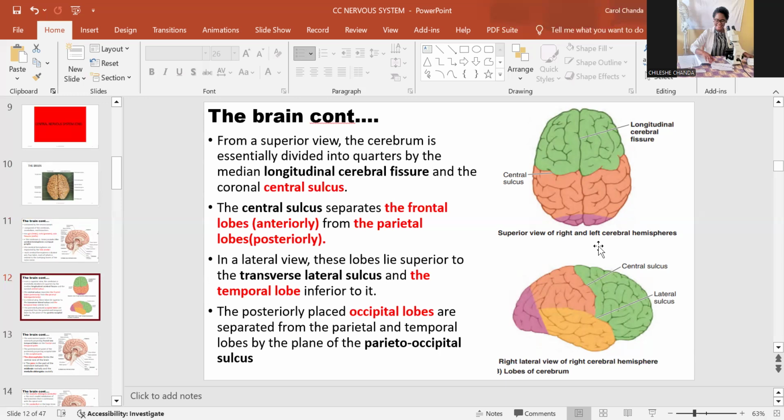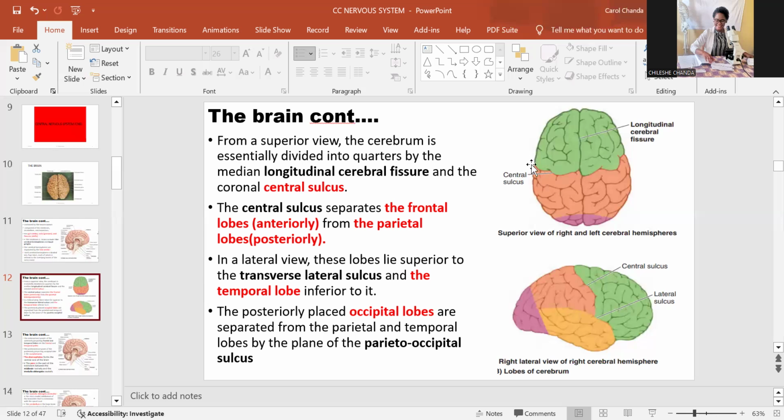So their names are also going to relate even to the lobes of the brain. From the superior view, the cerebrum is essentially divided in two quarters by the median longitudinal fissure and the central sulcus. We have this longitudinal fissure over here, which divides the brain into half.